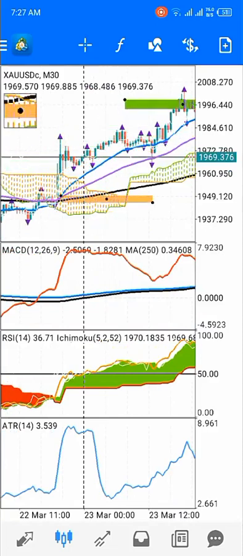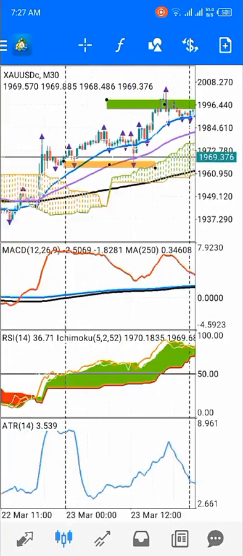And as you can see, price goes up, and as price goes up, you trail with stop loss.